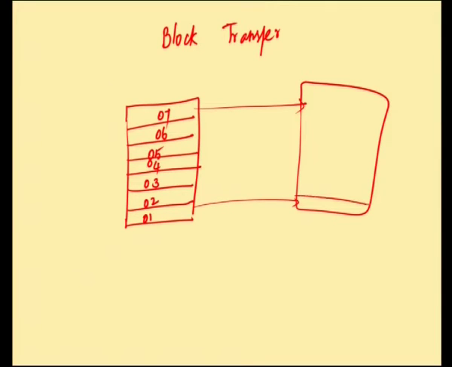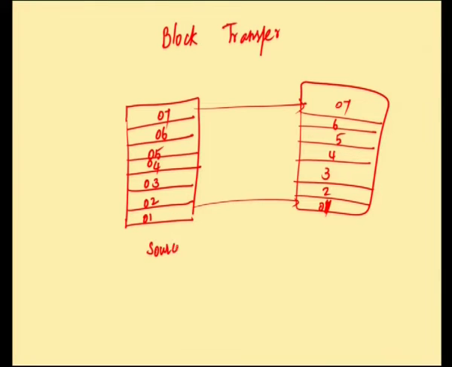First I will move 01, then 02, 03, 04, 05, 06 and 07. So, how to transfer one block of data to another? Suppose I call this the source, and this one the destination register.